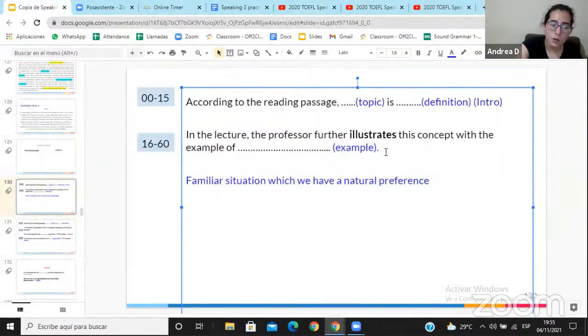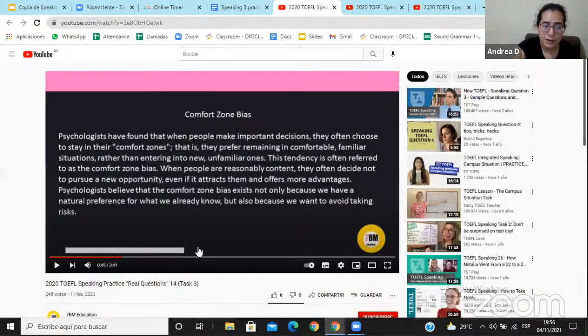Most of it is going to be your own explanation of the lecture. So if in the reading you want to extract a phrase, like maybe the tendency of remaining in comfortable, familiar situations rather than entering new ones, that's okay. It's not going to really hurt your score as long as in the lecture you use your own vocabulary. So it's okay if you want to extract some phrases or some words from here.